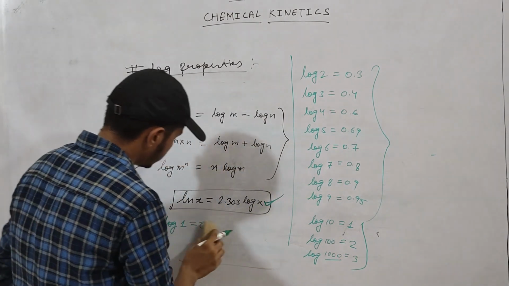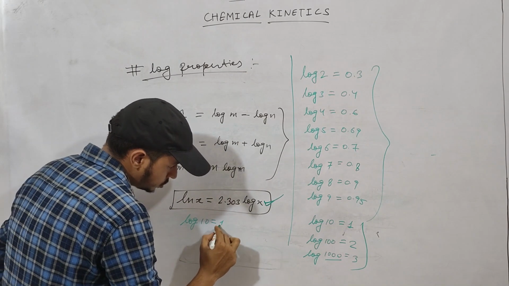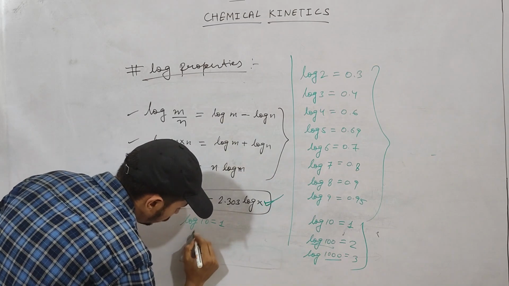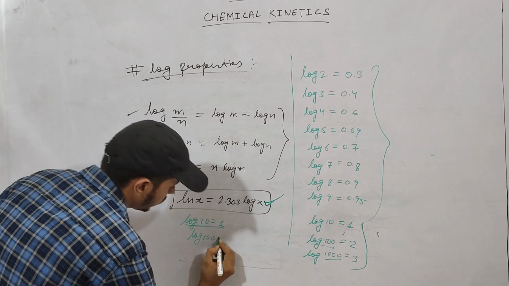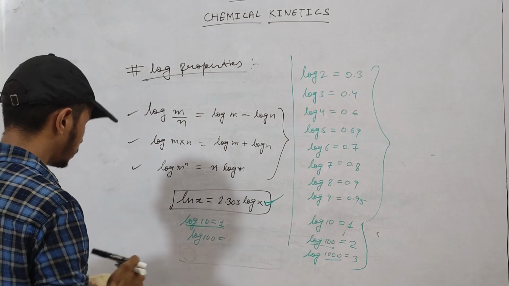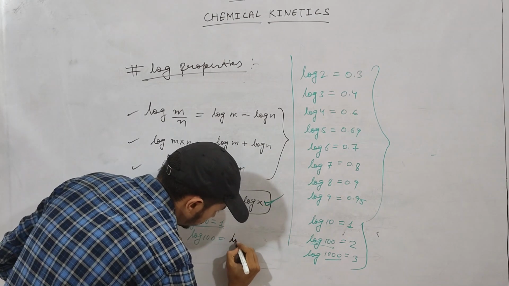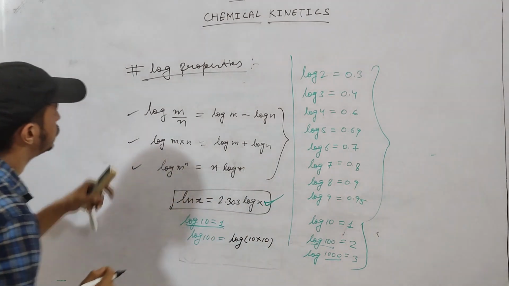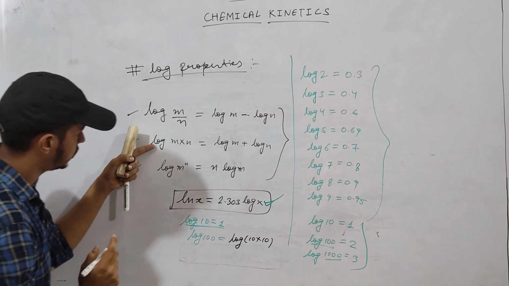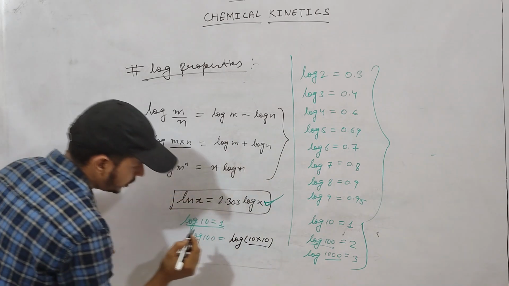How can you calculate? See, log 10 value is 1. So what will be the value of log 100? With the help of this, we will calculate the value of log 100. So log 100 can be written in the format log 10 into 10. It is 100. Now we will use this property: if m and n are in multiplication, then it will be plus.